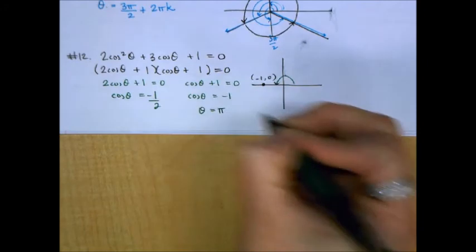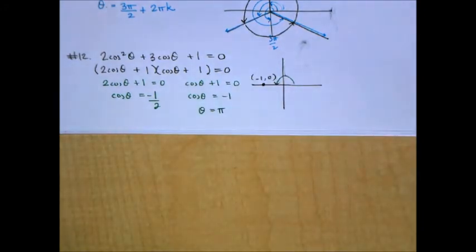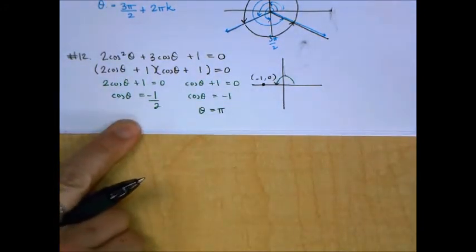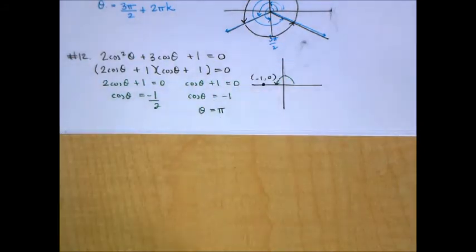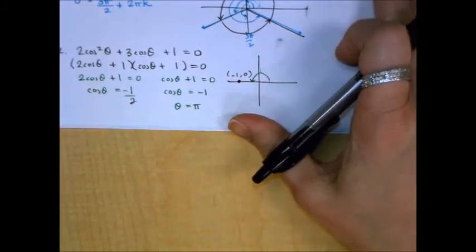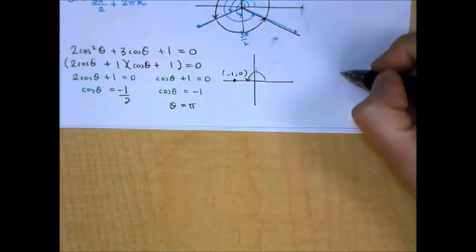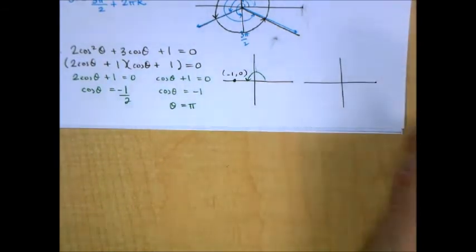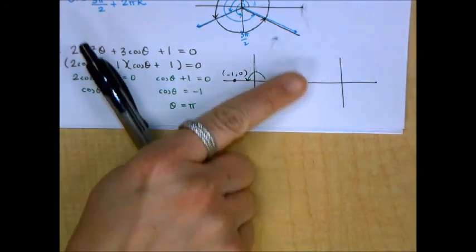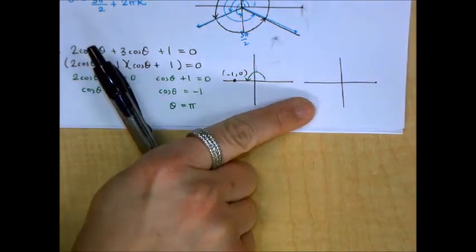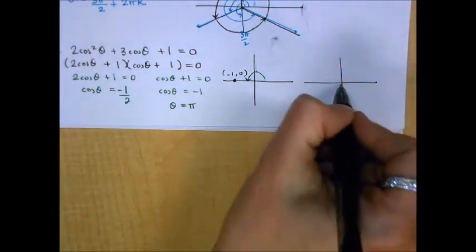So when is cosine negative? Quadrants 2 and 3. So I'm going to make a separate chart here for the other one. So 1 in quadrant 2, 1 in quadrant 3, they're right next to each other. They'll have the same reference angle. So you might want to make them look about the same.